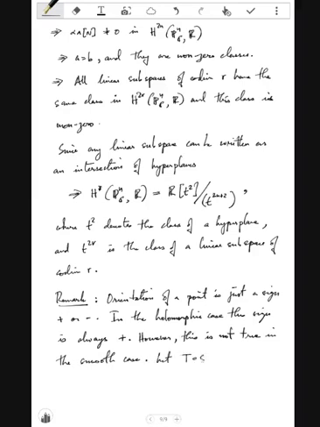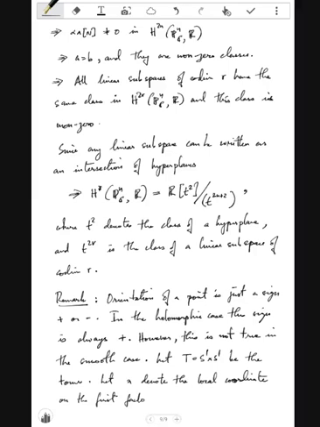Let T, S1 cross S1, be the torus. Let X denote the local coordinate on the first factor and Y the local coordinate on the second factor.